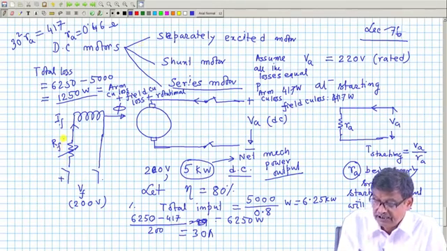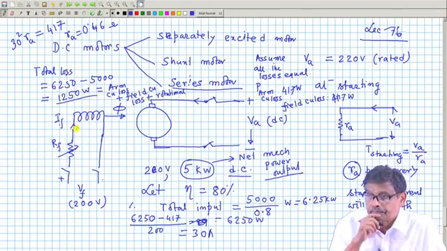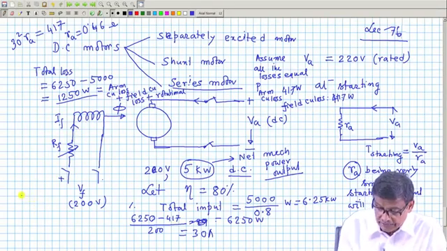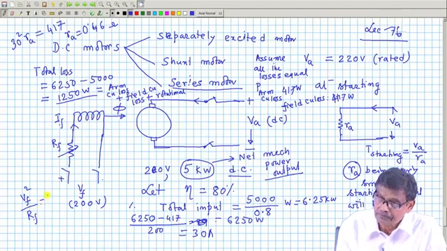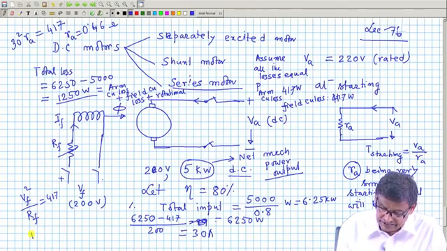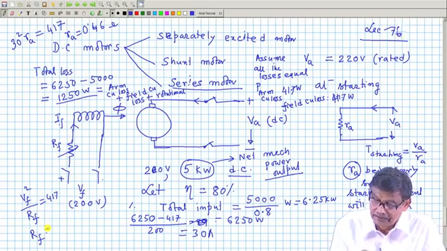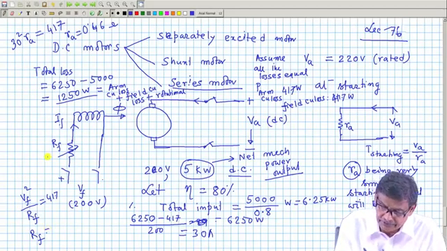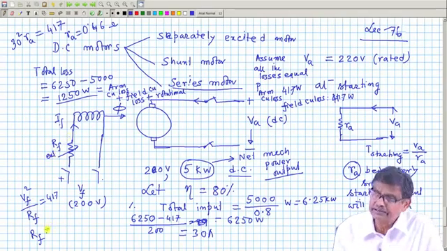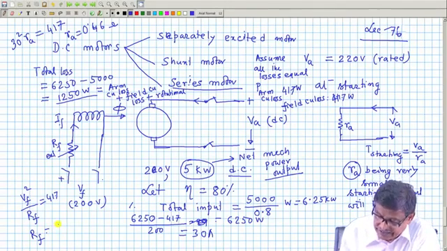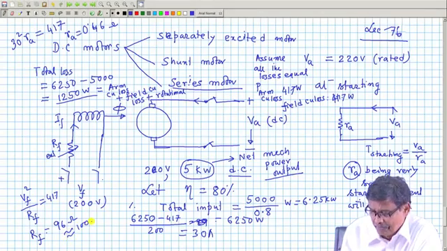Now the field winding resistance: Vf square divided by Rf is equal to 417. So the field coil resistance Rf, not the external resistance, will be 96 ohm, say 100 ohm, maybe 120 ohm.